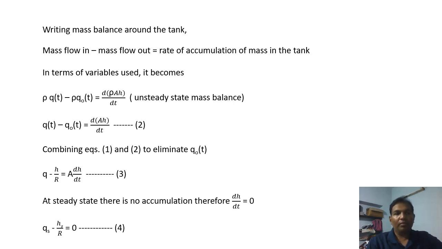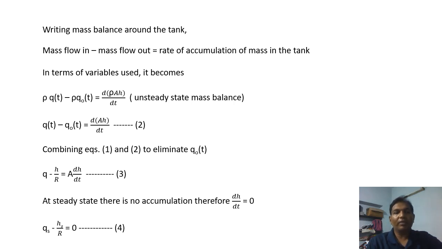In the equation you can see the density being constant and it is eliminated in the second step, which gives you Q of t minus Q naught of t is equal to A into dH by dt. This is equation number 2. The first unsteady state mass balance equation let us consider as equation 1.